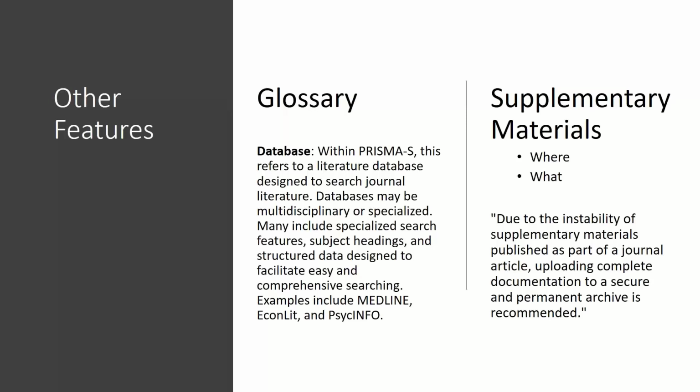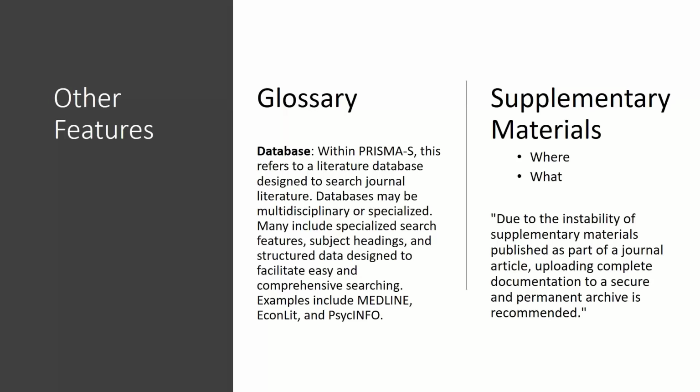There are 2 other features that are in the published full document, and one is a glossary. And this is really just to give everyone who's reading PRISMA-S the same frame of reference as to what we mean by each of these terms. Especially because sometimes terms might be descriptive of more than one type of item, or you might have multiple terms that could describe something.